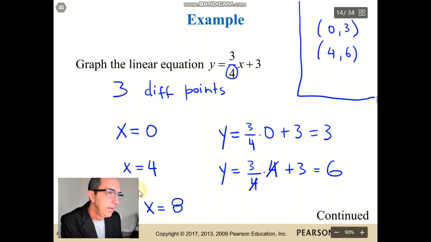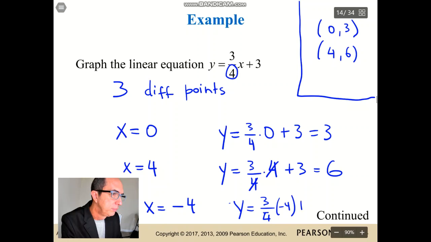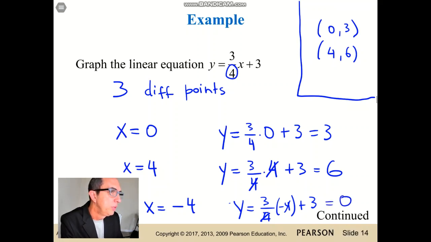So 8, let's try 8, or we can do instead of 8, negative 4. Negative 4 is a good number. So y equals 3 over 4 times negative 4 plus 3. We can simplify, and we have negative 3 plus 3 equals 0. Now we have another order pair, negative 4 and 0.